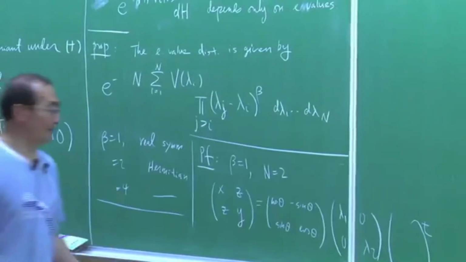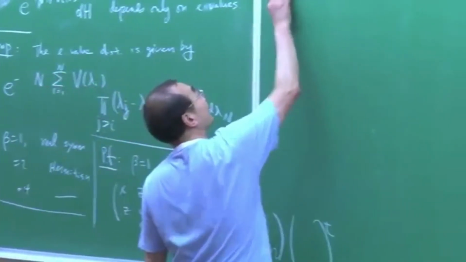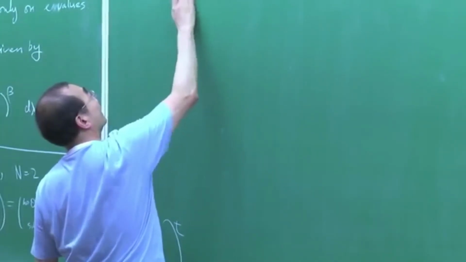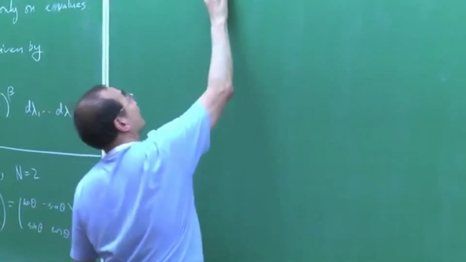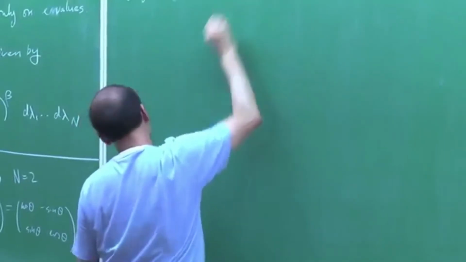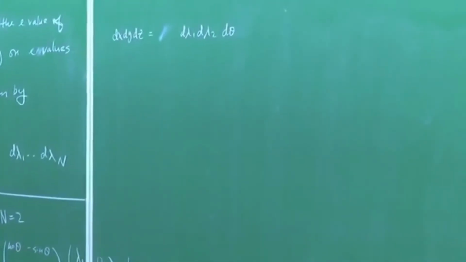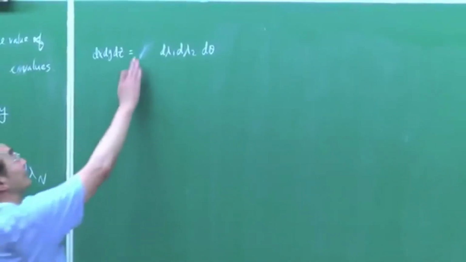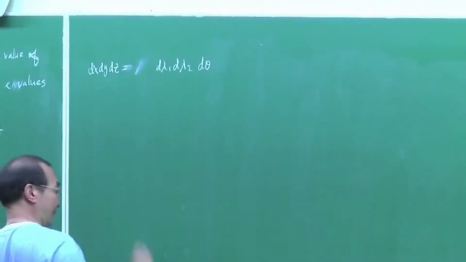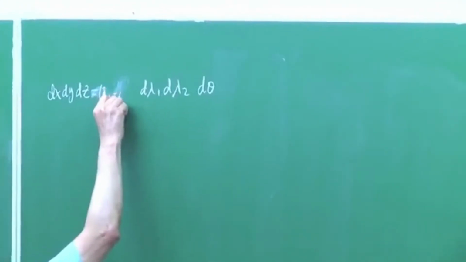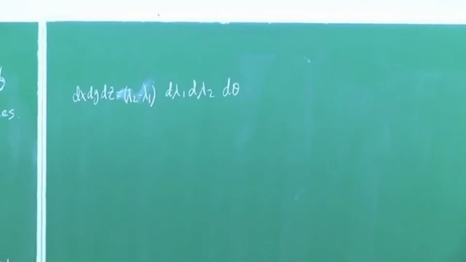So then you compute dx dy dz. This will become d lambda 1, d lambda 2, and d theta, with a Jacobian. The Jacobian is quite easy: you find lambda 2 minus lambda 1, and then there's a function f of theta.